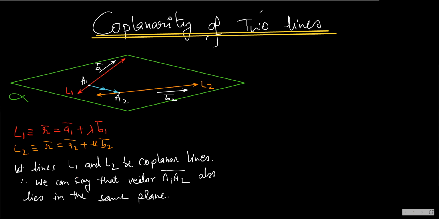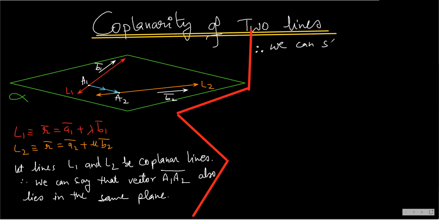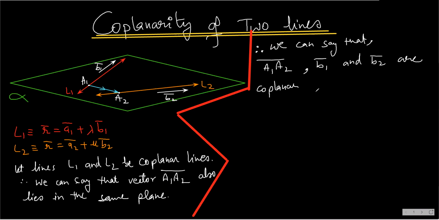Okay. So students, now I'll write here. Therefore, we can say that A1 A2 bar, B1 bar and B2 bar are coplanar vectors.